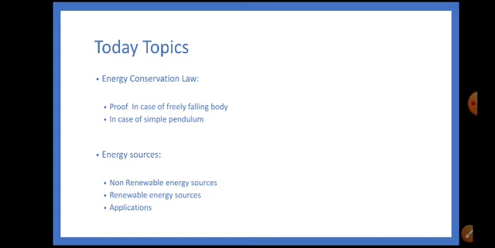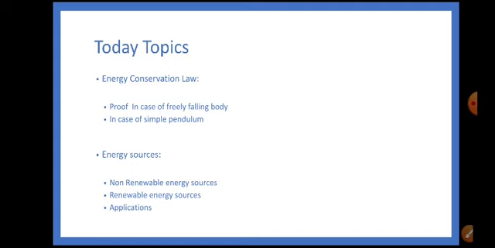Today we will discuss energy conservation. What is energy conservation? How does it change from one form of energy to another form? In our syllabus we have the conversion of potential and kinetic energy, that is the conversion of mechanical energy into different forms.